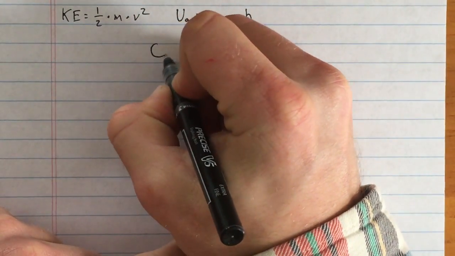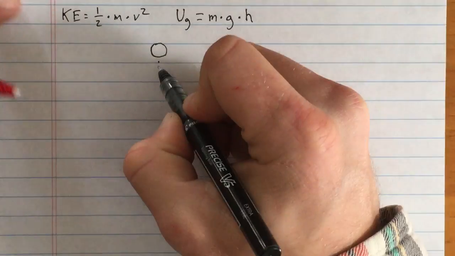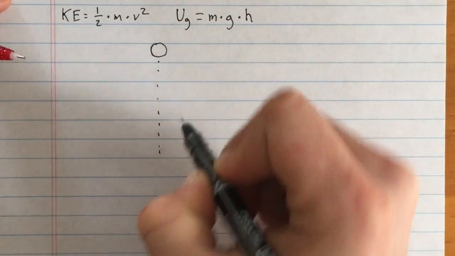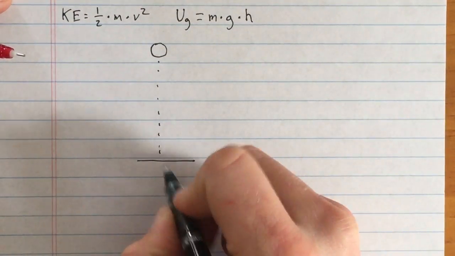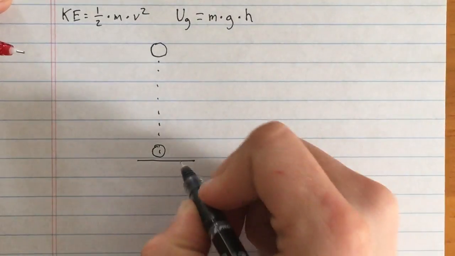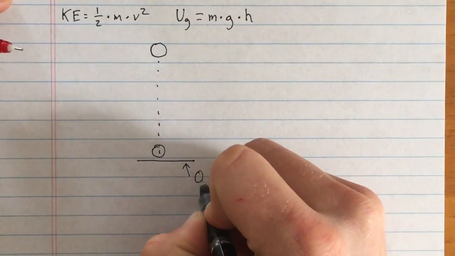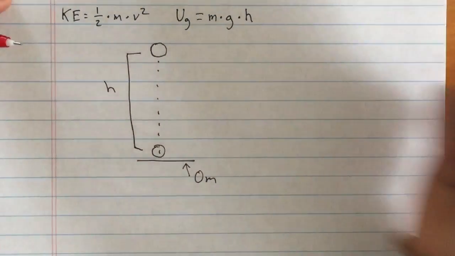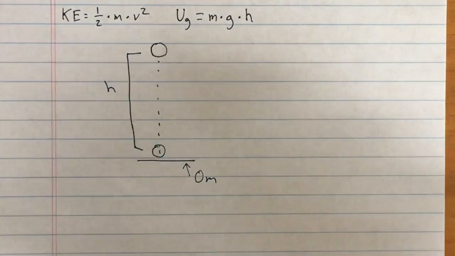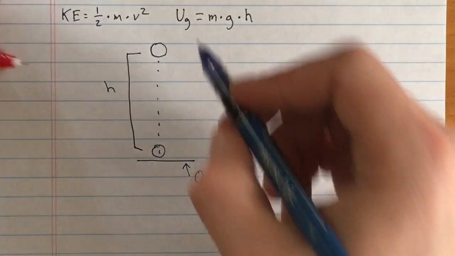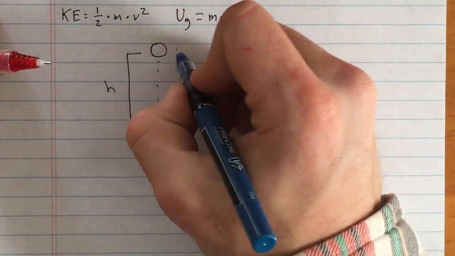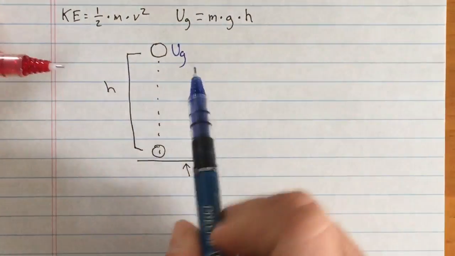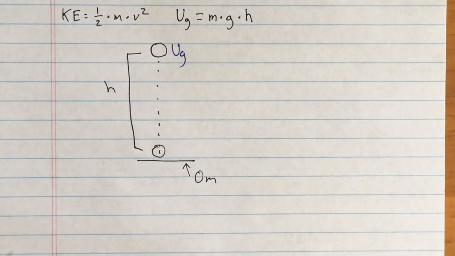You have a ball, there's a scenario for you, and you drop the ball and it hits the ground, and we'll say that here's the ball right before it hits the ground. The ground's at 0 meters and it falls from a height h. Now, we know that the potential energy up at the top is going to be mass times g times h.